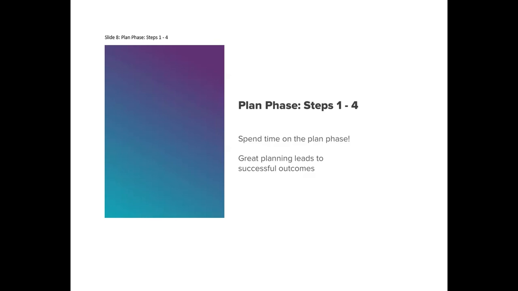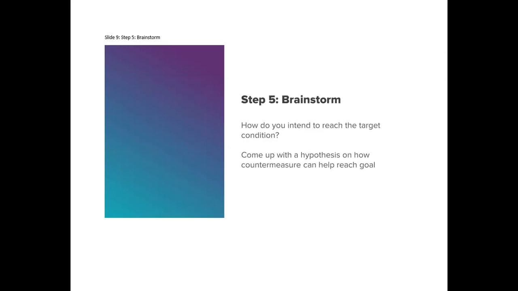If we spend time in the plan phase, there will be no failure in the future or in the target. There should be success if we spend the time in the plan phase. So these are the 4 steps in the plan phase.